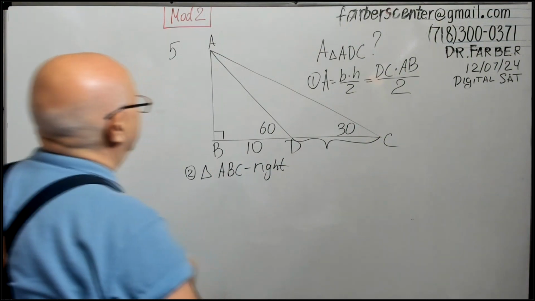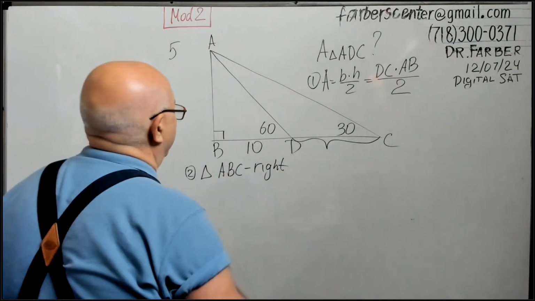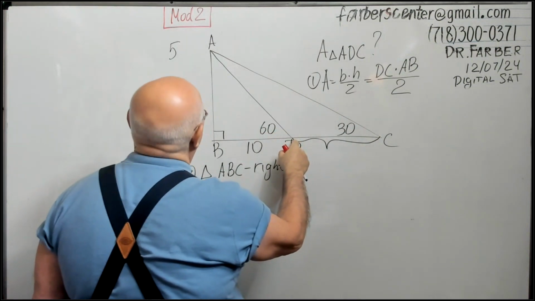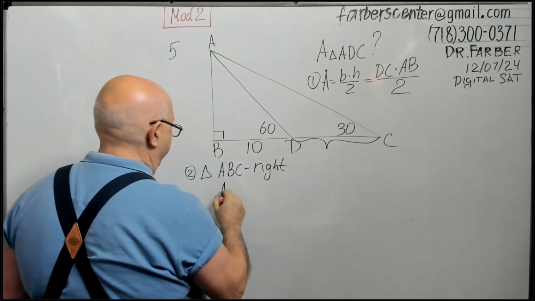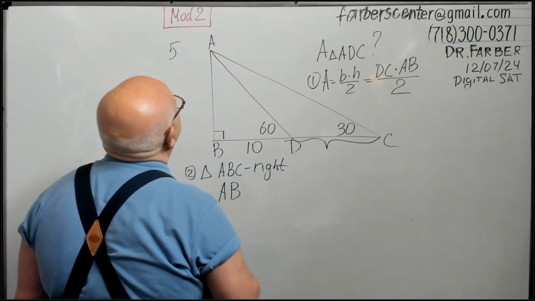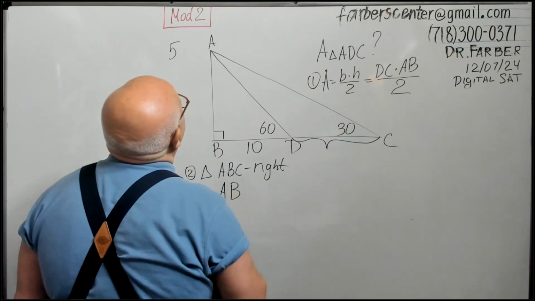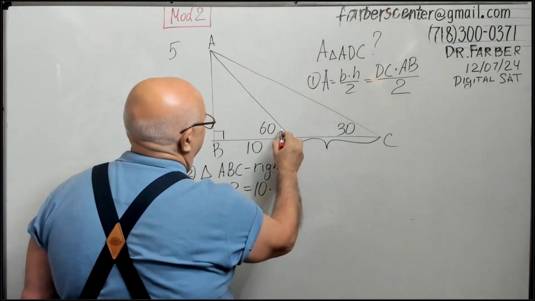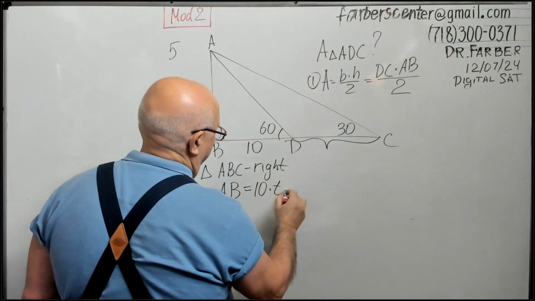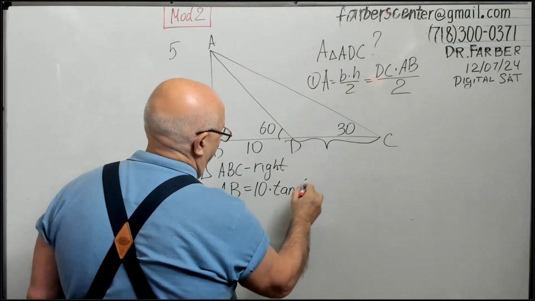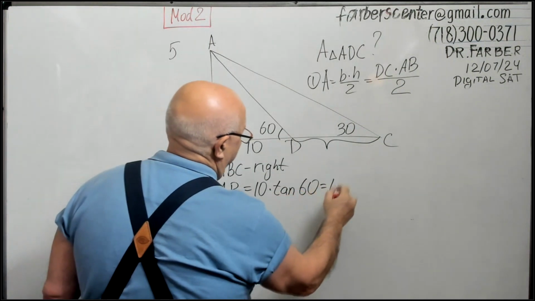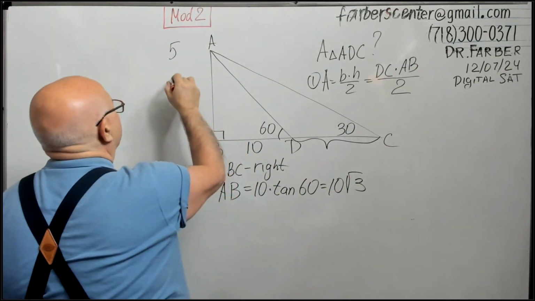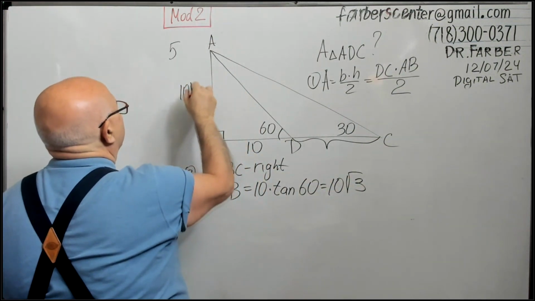And we have leg BD equals to 10. So AB, one of this way, the fastest probably, equals 10 times tangent of 60. Or 10 square root of 3.